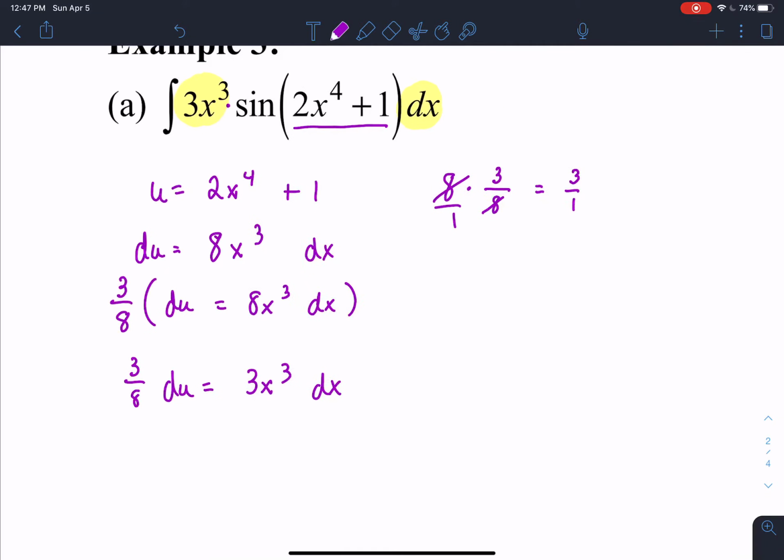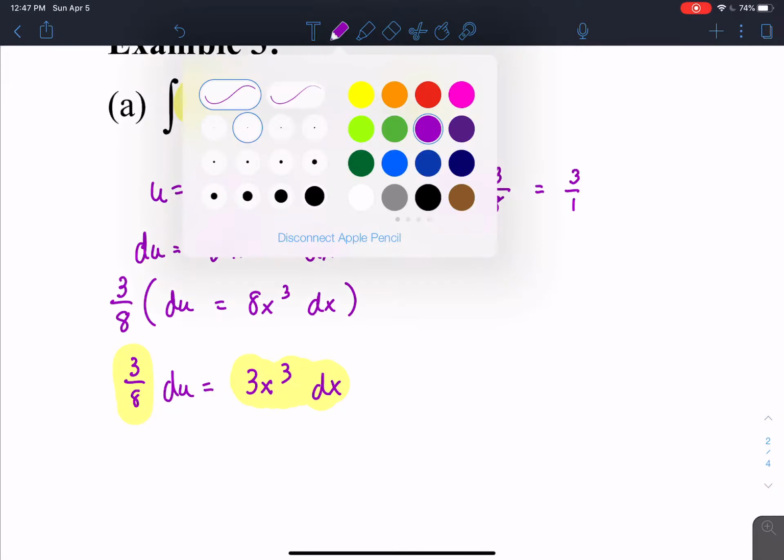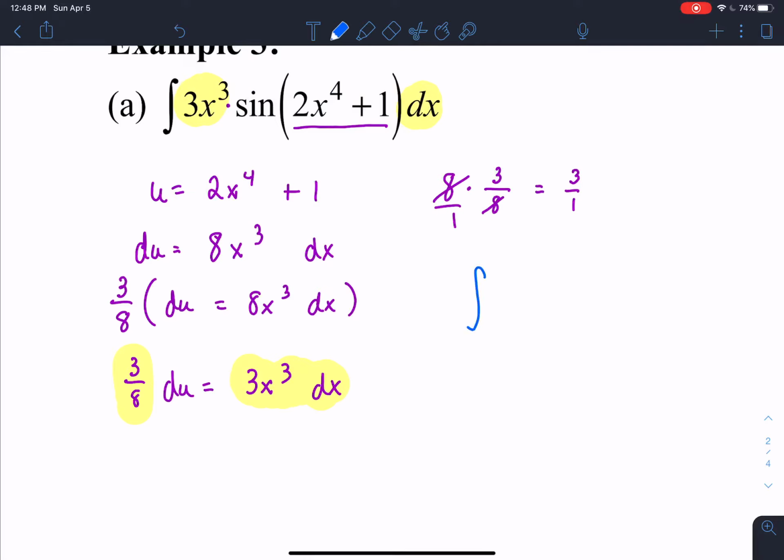So when you rewrite your problem now, you've got your 3x cubed dx from the original, and you just need to remember to write 3/8 out front. So let's do that. We've got the integral, 3/8 out front, and then sine of u du.